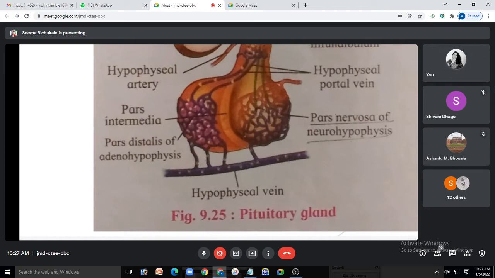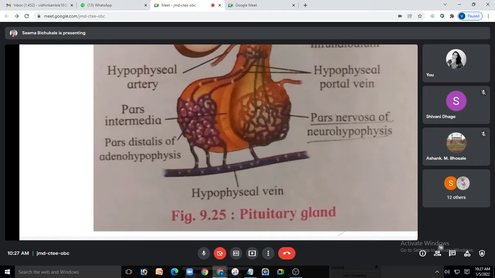Actually, the anterior lobe, that is adenohypophysis, is the highly cellular and vascular part of the pituitary gland, and it regulates processes like stress, growth, as well as reproduction.